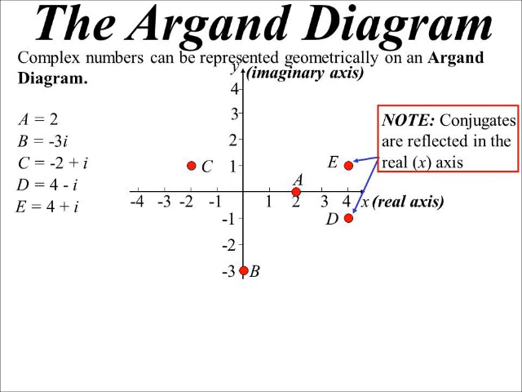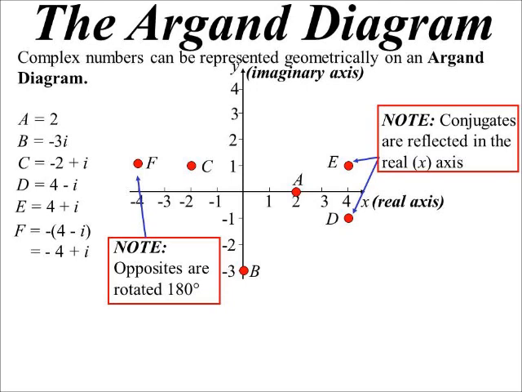Now, if I get the point -4 plus i, which is the negative of D, how does that sit? Well, let's plot it. There it is. It's reflected through the origin, like an odd function. So multiplication by -1 is a rotation of 180 degrees, which brings us up to the next idea.